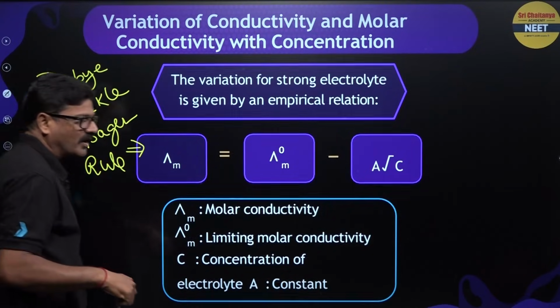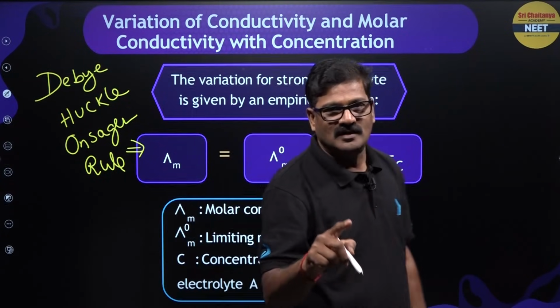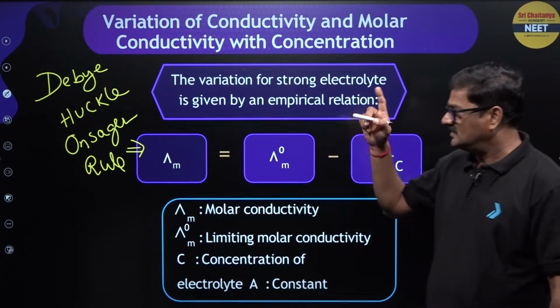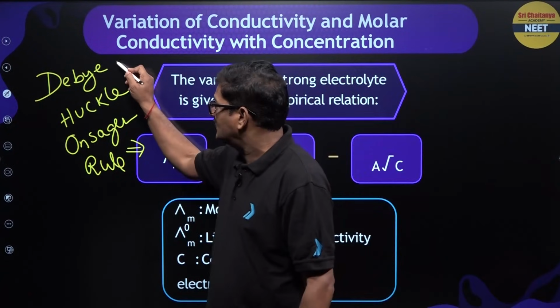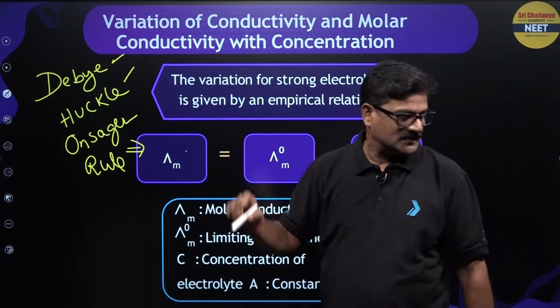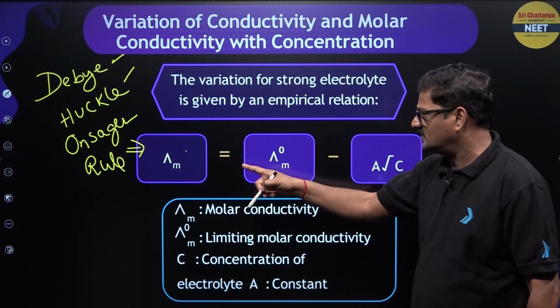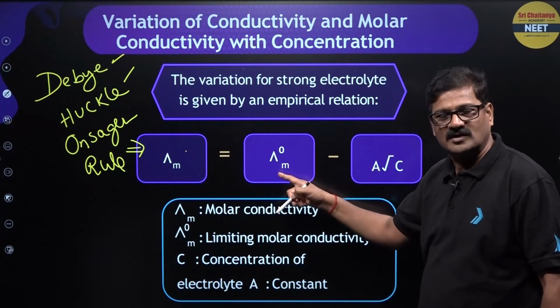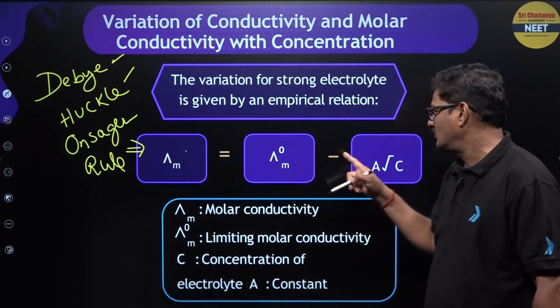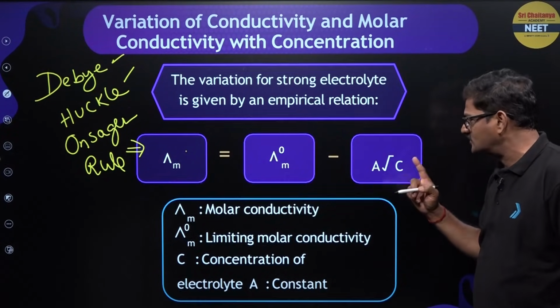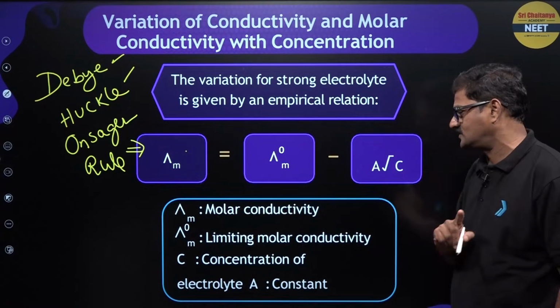This is a very important rule. This rule is not given in this version, but the term is given in the NCERT as the Debye-Huckel rule, so that you can use this equation: molar conductivity at a given concentration is equal to molar conductivity at infinite dilution minus A into root C. C stands for concentration, A is a constant.